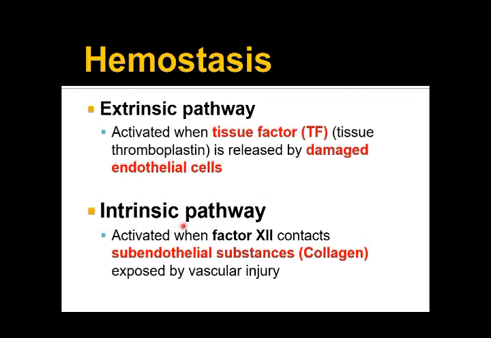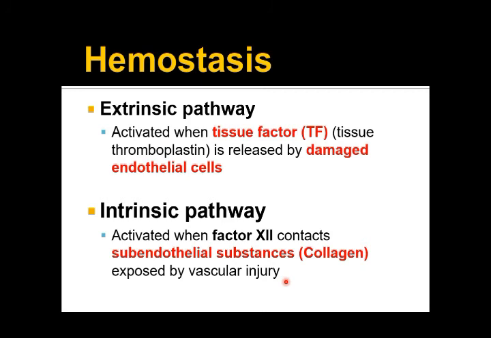And looking at the intrinsic pathway, this starts when we've got exposure of subendothelial collagen primarily. So we've got vascular injury here, not just damage to endothelial cells, but full-on vascular injury.